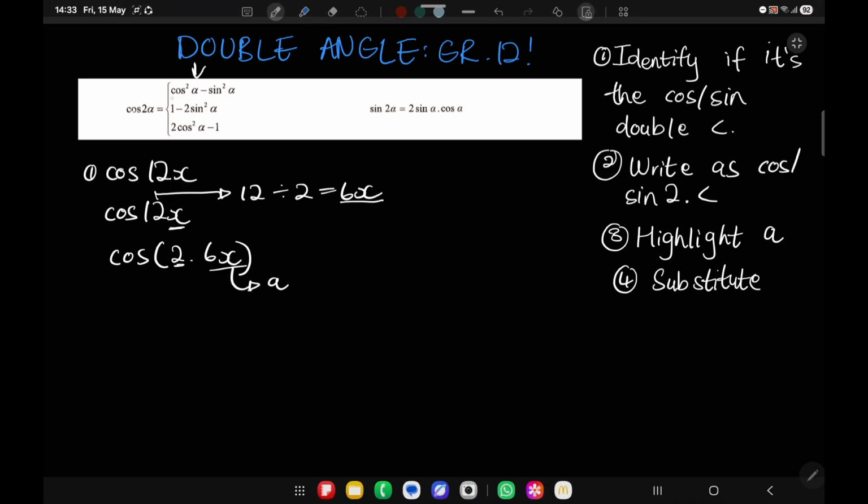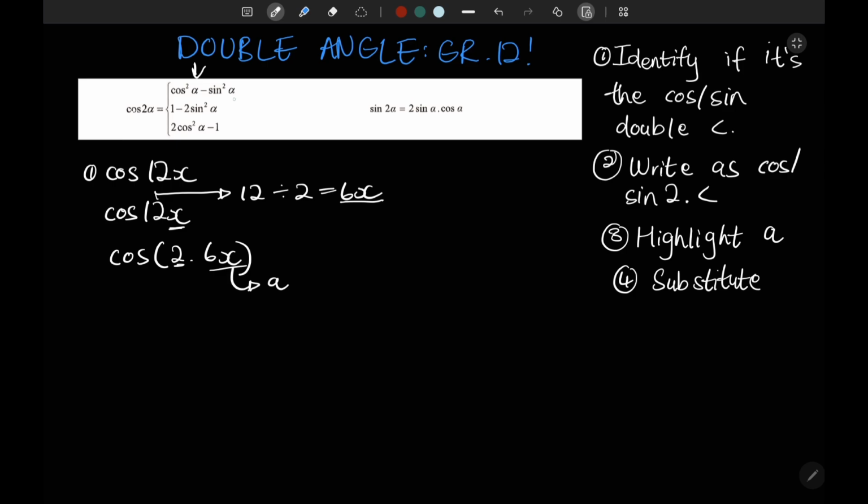We have cos squared alpha minus sine squared alpha, and you also have 2 other options. Depending on the question that you're given, you'll have to substitute any of these 3. But just to show you how it's done, I'll do so for all of them. Let's try the first one, which is cos squared alpha minus sine squared alpha.